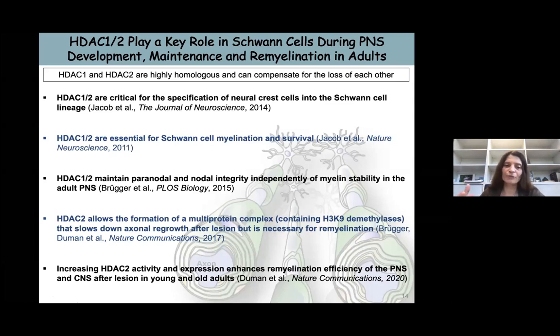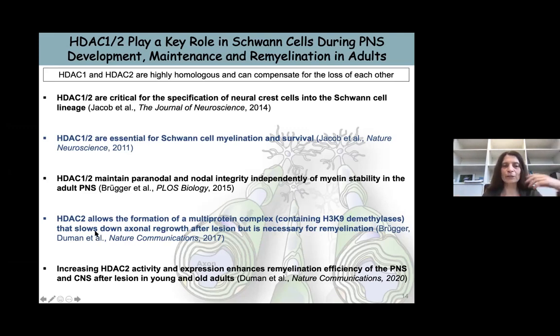This complex is formed very early after lesion, and it slows down axonal regrowth, but later on it is necessary for remyelination. What was really interesting here is that we could use an inhibitor of HDAC2 and HDAC1, and this blocked or delayed the formation of this complex.